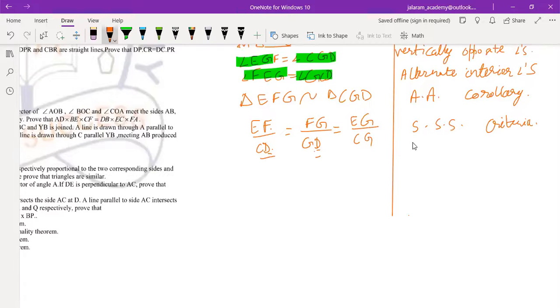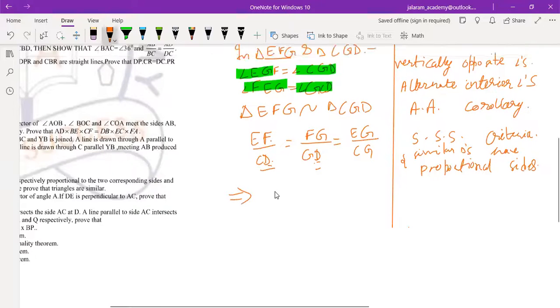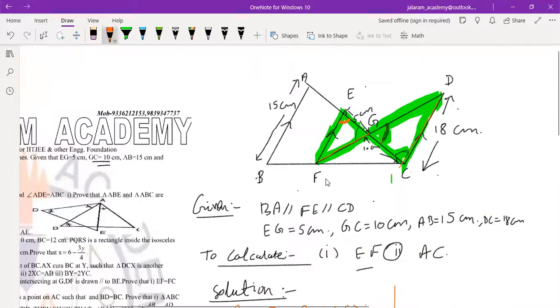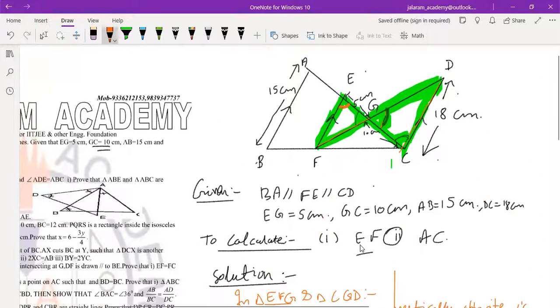That is, if triangles are similar, sides are proportional. Similar triangles have proportional sides.